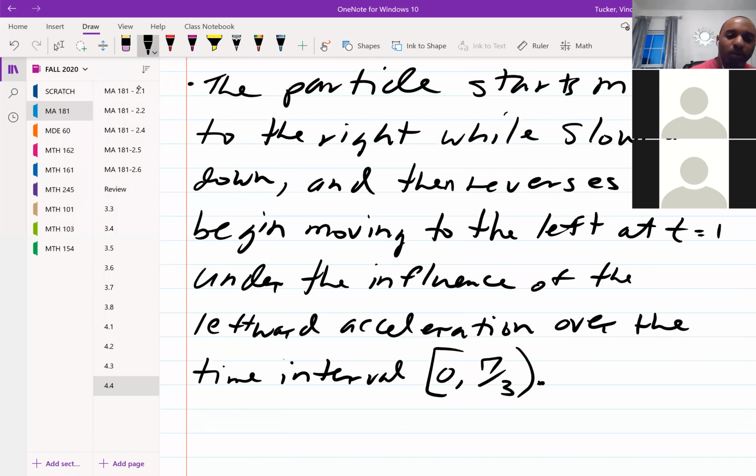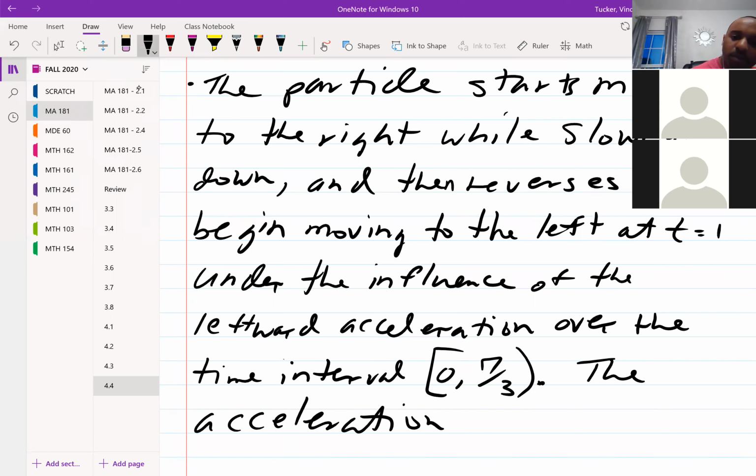So just like with a roller coaster, it's going up, it has to slow down, and then when it goes down, it accelerates. So all that type of stuff. So then we got one more sentence that goes along with this.